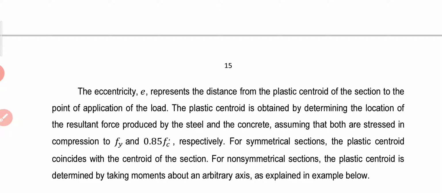The plastic centroid is obtained by determining the location of the resultant force produced by the steel and the concrete, assuming that both are stressed in compression to fy and 0.85 fc dash respectively. For symmetrical sections, the plastic centroid coincides with the centroid of the section. For non-symmetrical sections, the plastic centroid is determined by taking moments about an arbitrary axis, as explained.